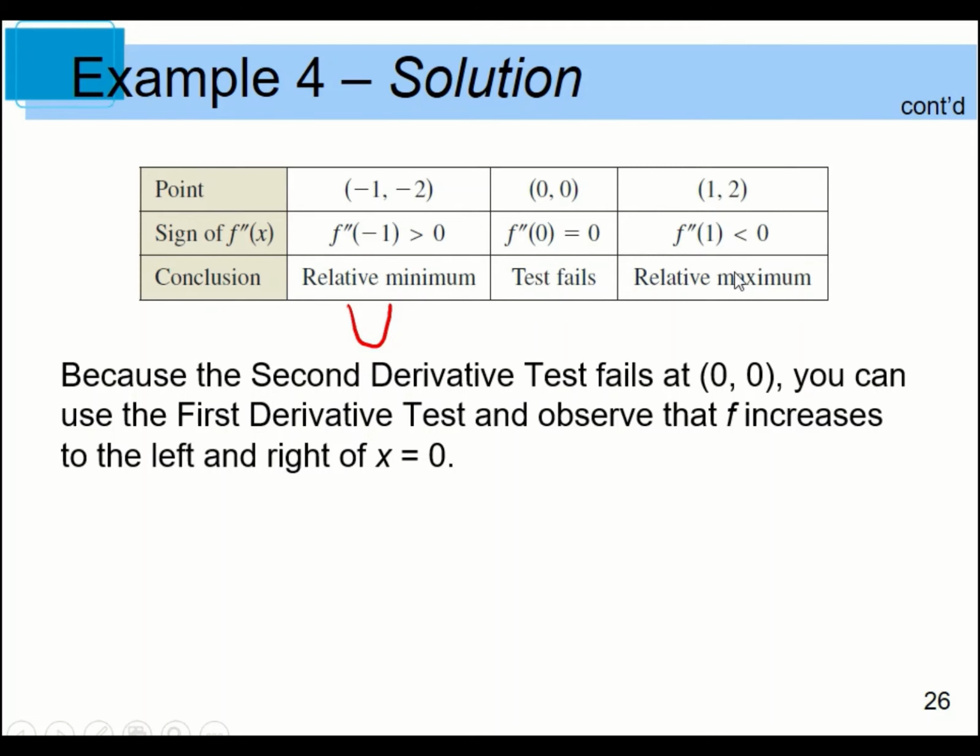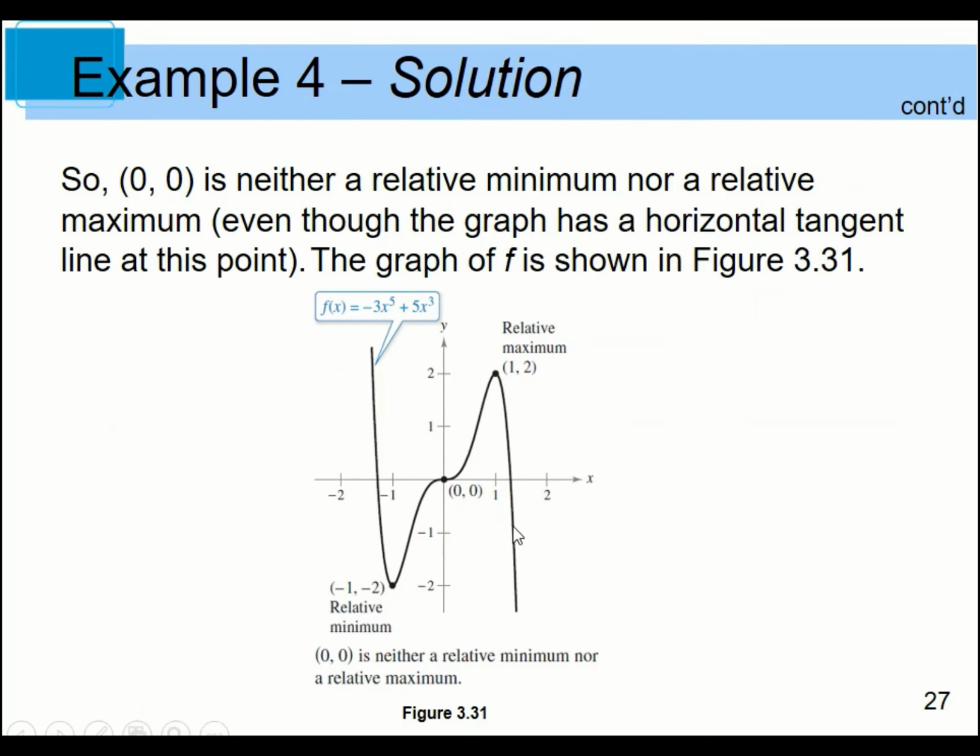For the point 1, 2, the second derivative test is negative, so we have concave downward. It's a maximum point. So this point 0 is neither a relative minimum nor a relative maximum, and the graph is like this.